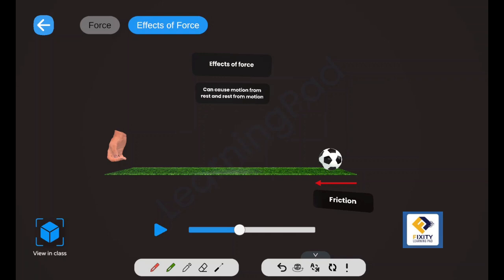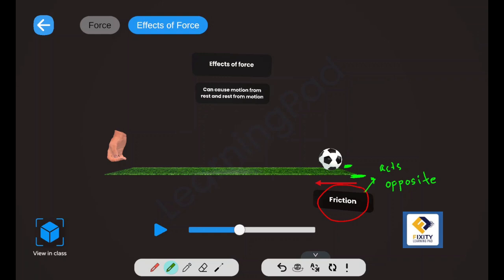So what causes it? The cause is frictional force. Frictional force, students, happens between the ball and the ground. If we think about friction, it always acts opposite to the direction of motion of an object.